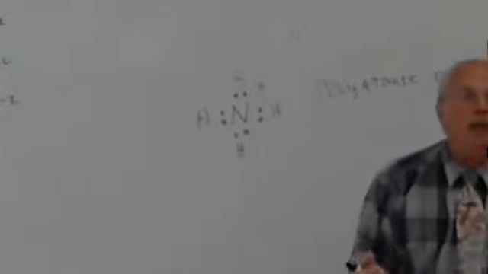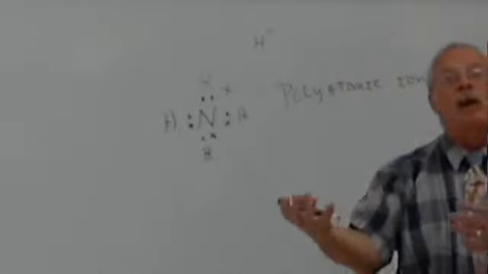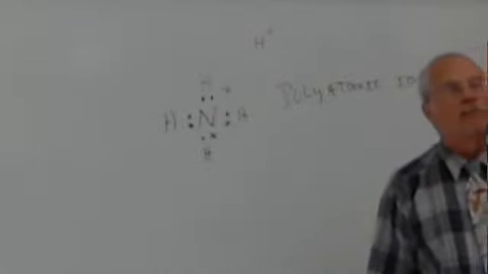What I've just created is called a polyatomic ion. Polyatomic ion. What does the term poly mean? Many. Atomic, atoms, many atoms making up an ion. And there are many of these in chemistry.